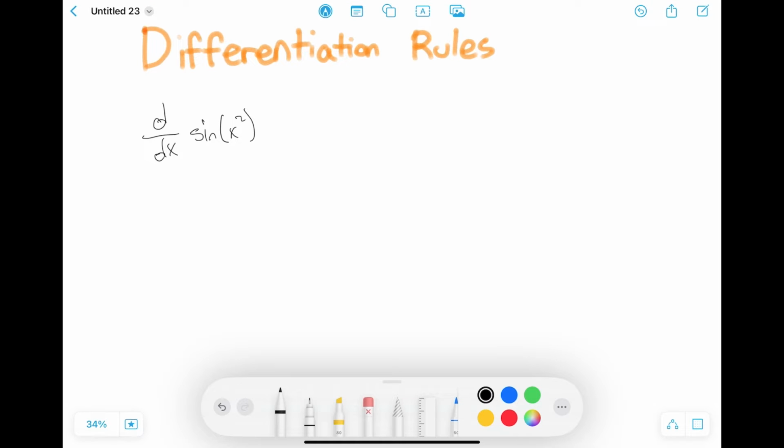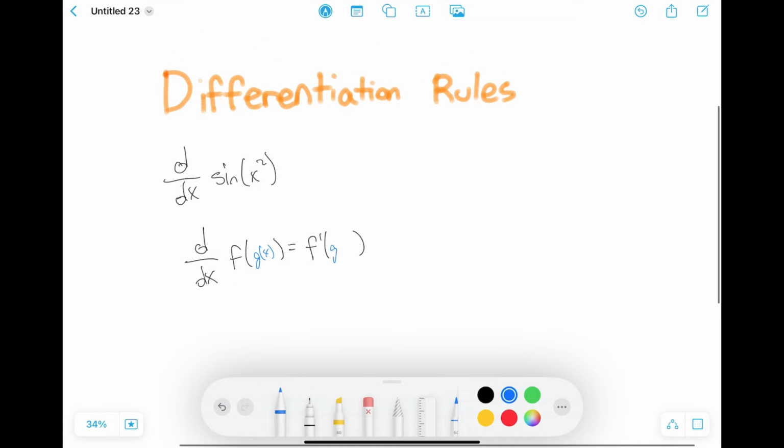So to differentiate a composition function, if we have the derivative of f of g of x, this is going to be equal to f prime of g of x times g prime of x.